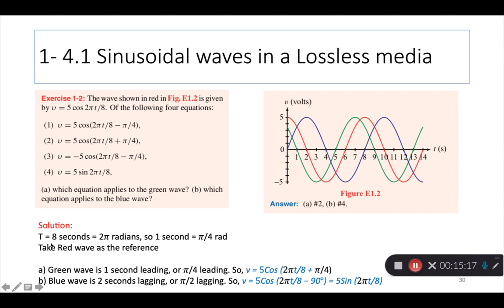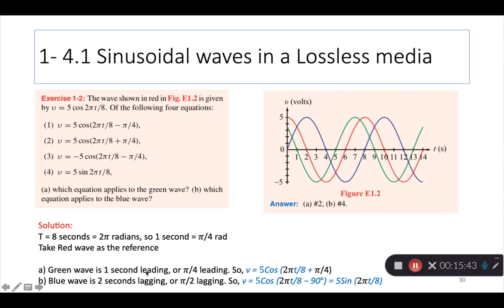Here's my solution. T is 8 seconds. T is the time taken for one complete wave, positive back to positive, that's 8 seconds, which is 2 pi radians. We know that one complete cycle means 360 degrees or 2 pi radians. So 1 second is pi by 4 radians. Take the red wave as the reference.